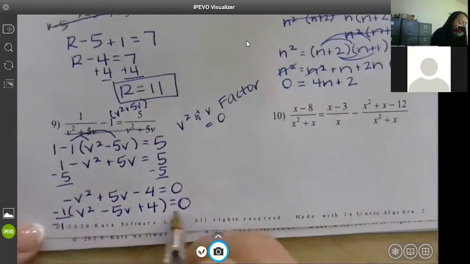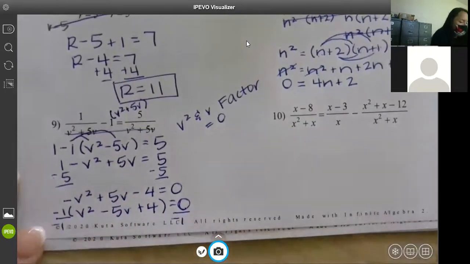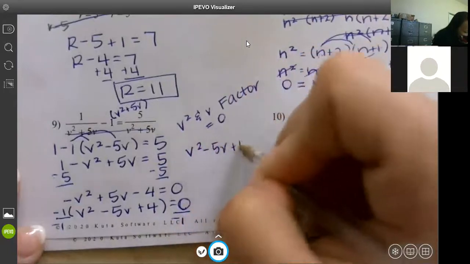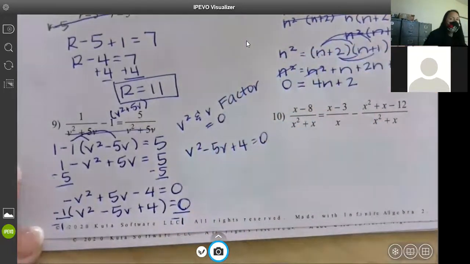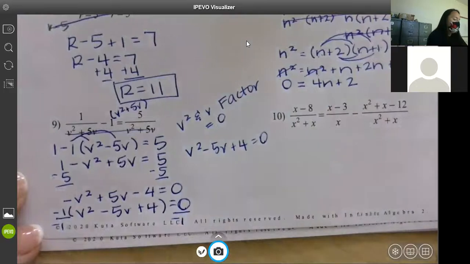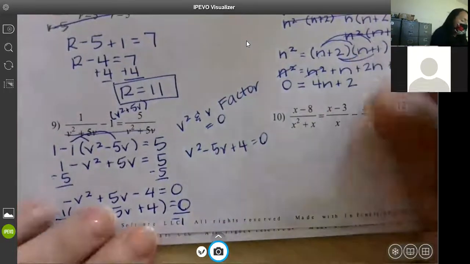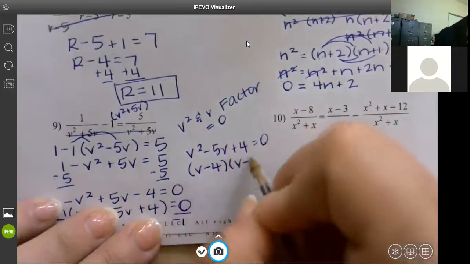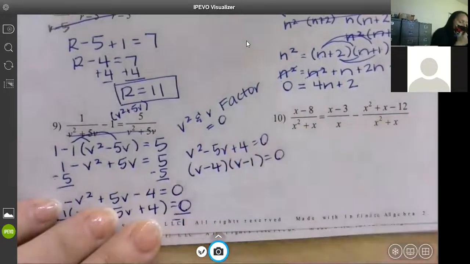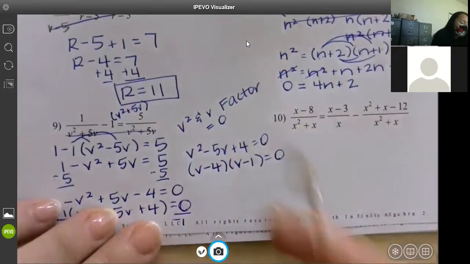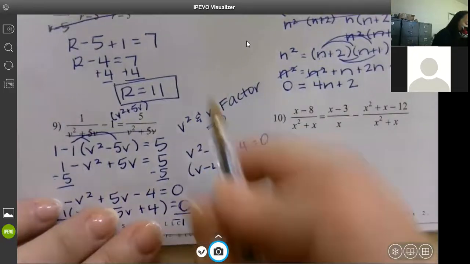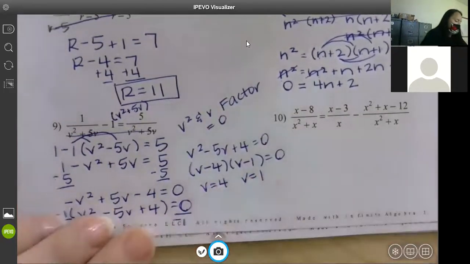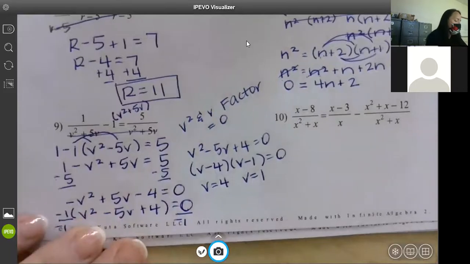We want to get rid of the -1, so we're going to divide by -1. We get v squared minus 5v plus 4 equals 0. Factors of 4 that add to -5 are -4 and -1. Remember, we've learned if it's negative inside of parentheses, when we solve it, it's a positive. So there are your 2 answers.